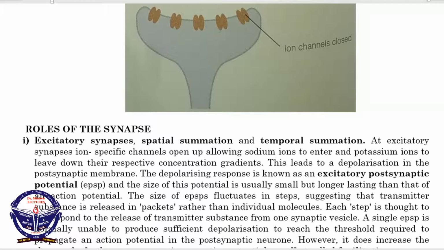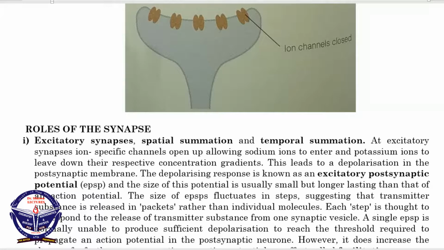Second, the rushing in of the calcium ions causes the fusion of the synaptic vesicles with the membrane and the release of the neurotransmitter. Third, the neurotransmitter, acetylcholine, binds to the postsynaptic membrane and causes the opening of the sodium gates, so the sodium ions rush in.